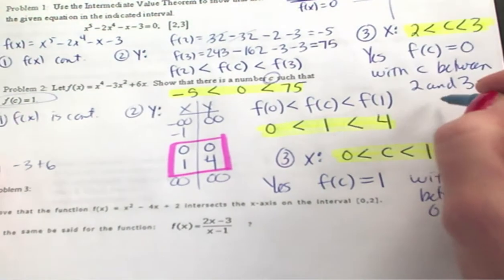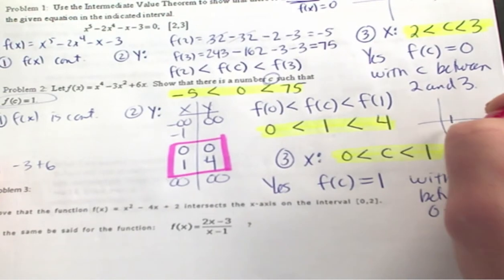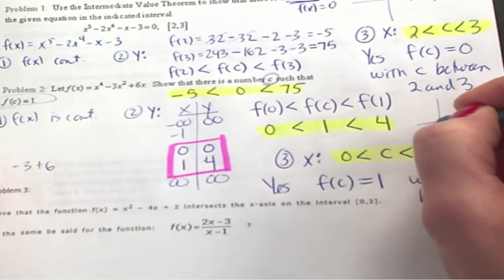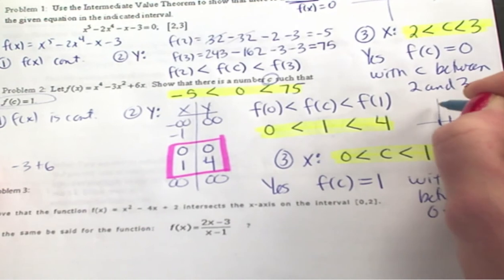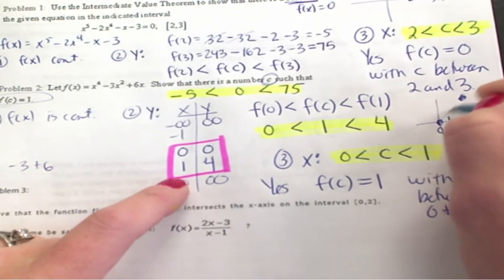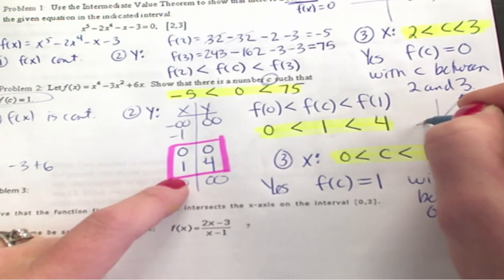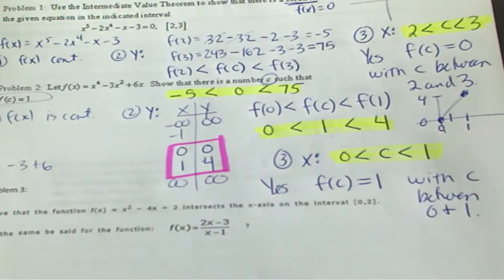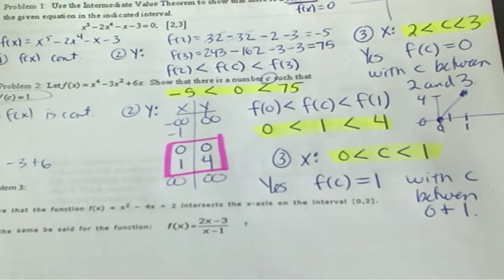So if you were to draw your picture, the x's would be 0 and 1, and we would get 0 and 4. Make sure that you're comparing x's to x. C is an x coordinate. F of c is the y coordinate.